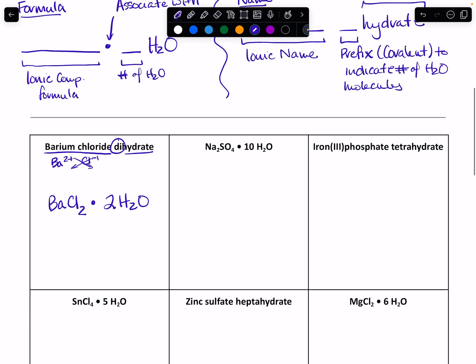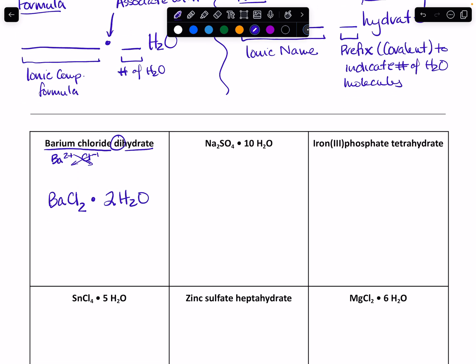Now let's try it the other way, from the formula to the name. We start with Na2SO4. I reverse my crisscross, and I see that sodium is +1 and SO4 is -2. Sodium's in group 1, so it is +1, and this has not been simplified, so that formula is fine.